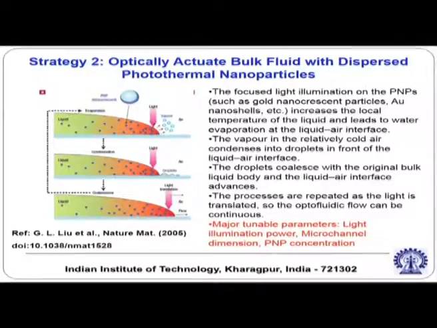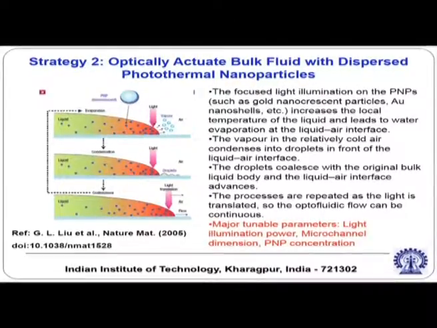Strategy 2. In this strategy you have photosensitive nanoparticles in the fluid. Now you shine laser light. When you shine laser light, the local temperature will increase. These nanoparticles can be metallic nanoparticles, silver nanoparticles, or they can be made of carbon nanotubes, whatever.